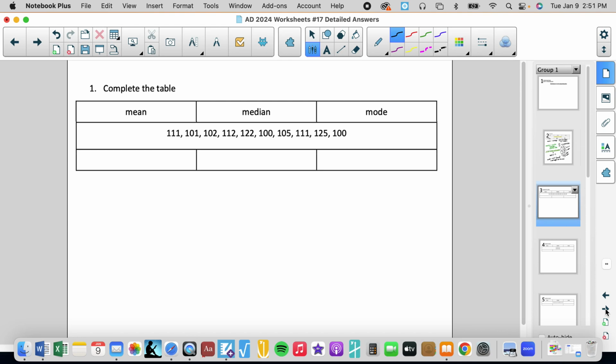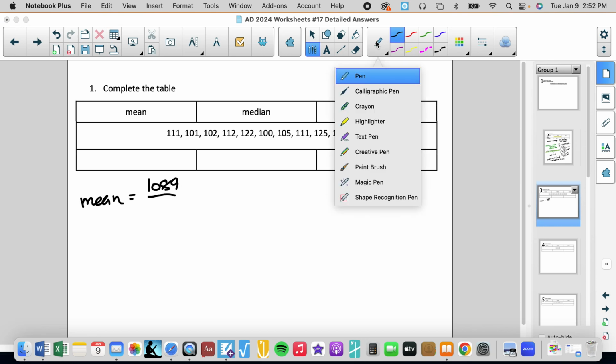So let's do this. 111 plus 101 plus 102 plus 112 plus 122 plus 100 plus 105 plus 123 plus 125 plus 100 equals, so mean equals 1089 over, how many numbers did we have?